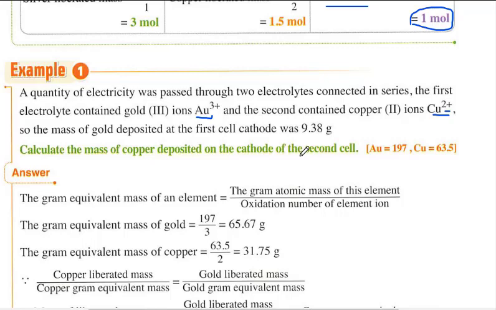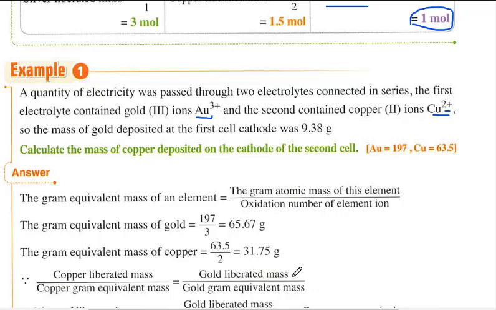So here we can make the relation exactly of Faraday's second law: the copper liberated mass over the copper equivalent mass is equal in ratio to the gold liberated mass over the equivalent mass of gold.